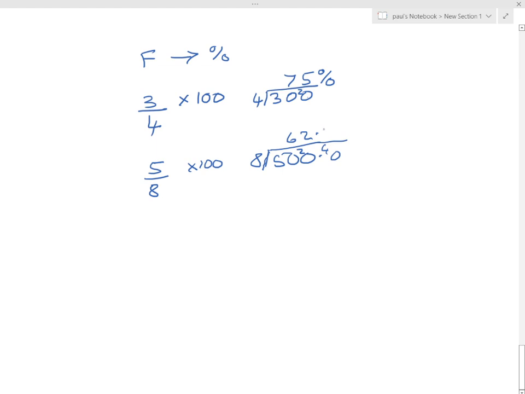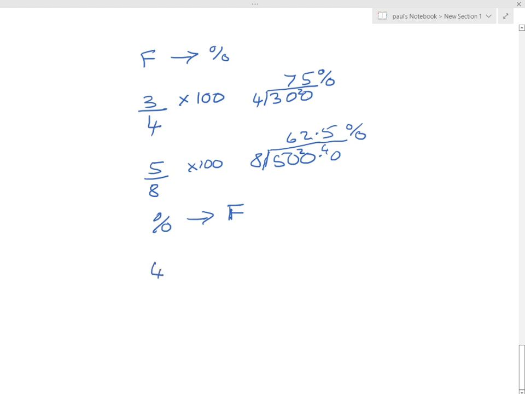And 8s into 40 go 5, so we've got 62.5%. So that's changing fractions into percentages.